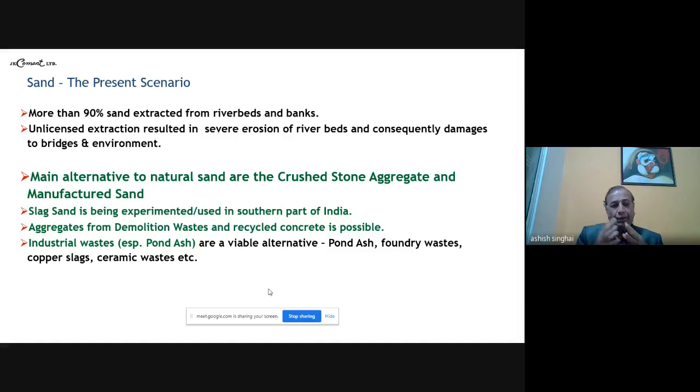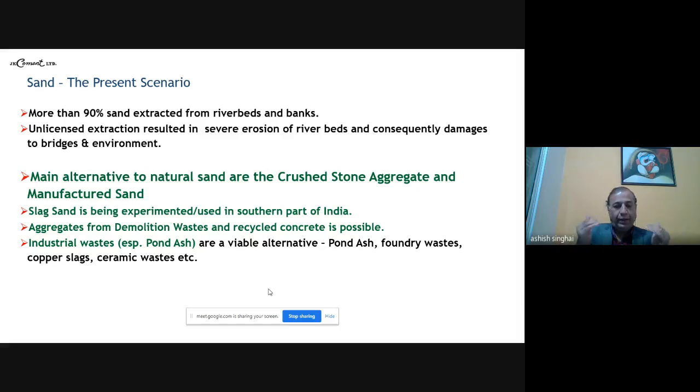I could mention one big manufacturer like JSW Cement, a major name in the southern part. They are one of the largest steel manufacturers also, and because a lot of slag is being produced, they've started marketing this slag. So with slag, which is essentially their waste material, they are selling it as coarse aggregate, as fine aggregate, and also as slag material that can be partially replaced with ordinary Portland cement.